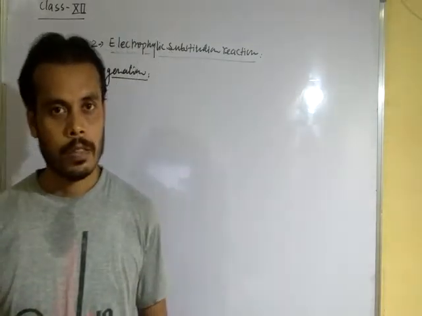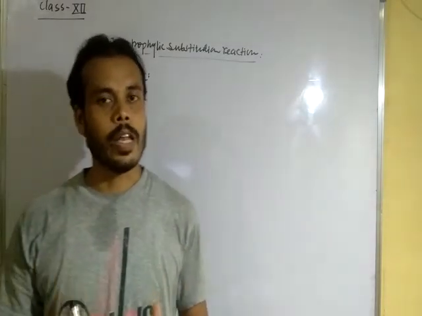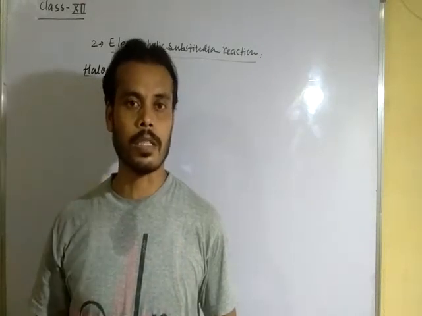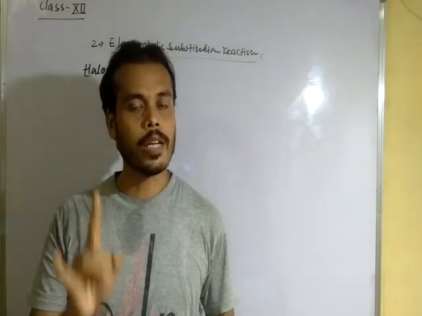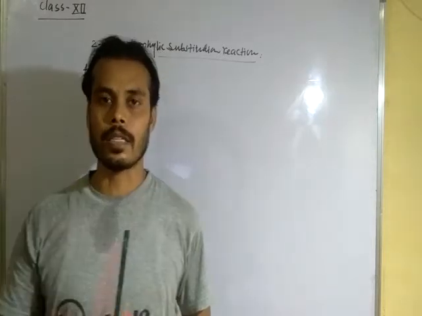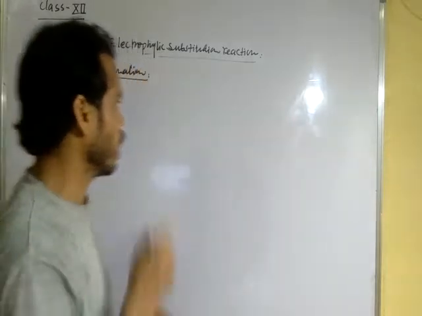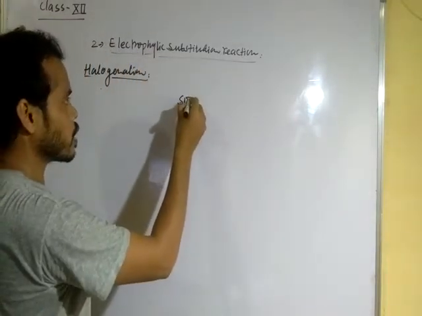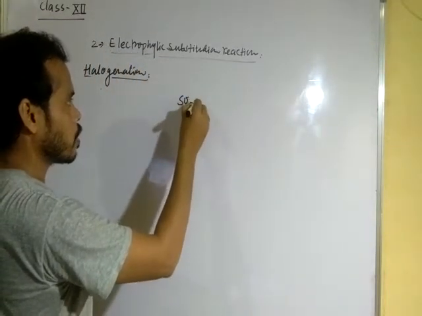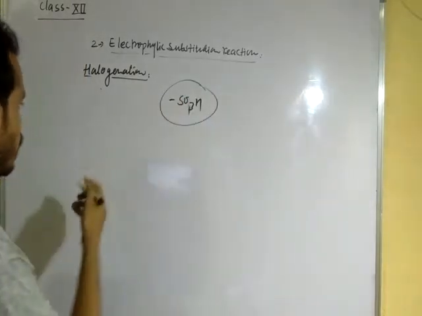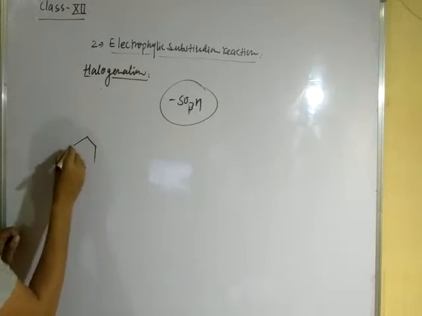When haloarene is treated with concentrated sulfuric acid, the hydrogen atom of the benzene ring is substituted by the sulfonic acid group, and this is known as the sulfonic acid group. Clear?